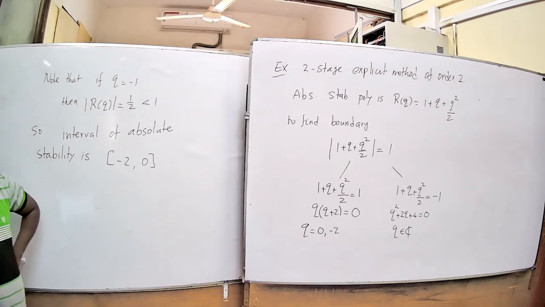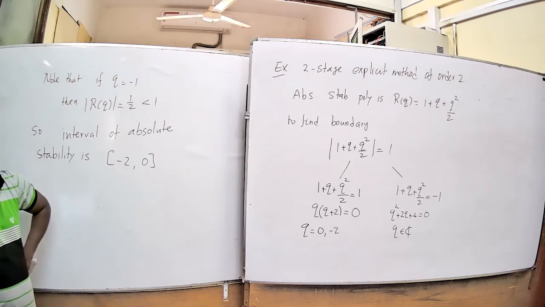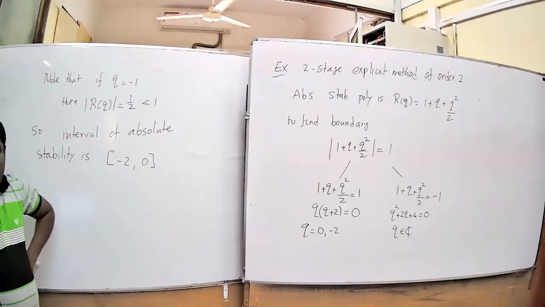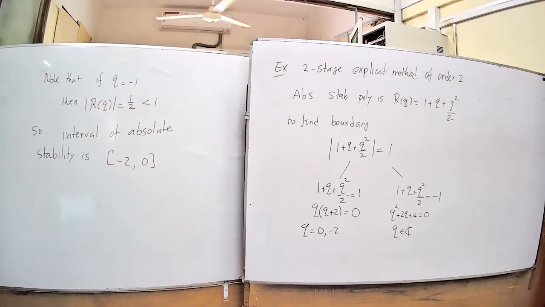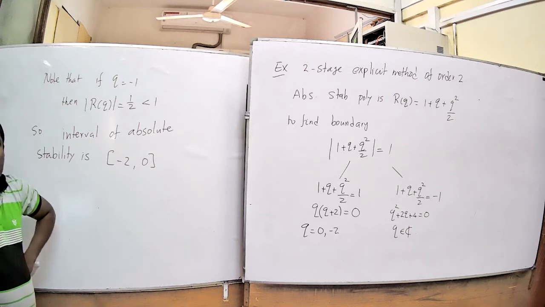If I say three stage, third order, then fine. You can say 1 plus q plus q squared over 2 plus q cubed over 6, and that should be the region. But there is a problem, because the theorem says an s-stage explicit method can have a maximum of order s.